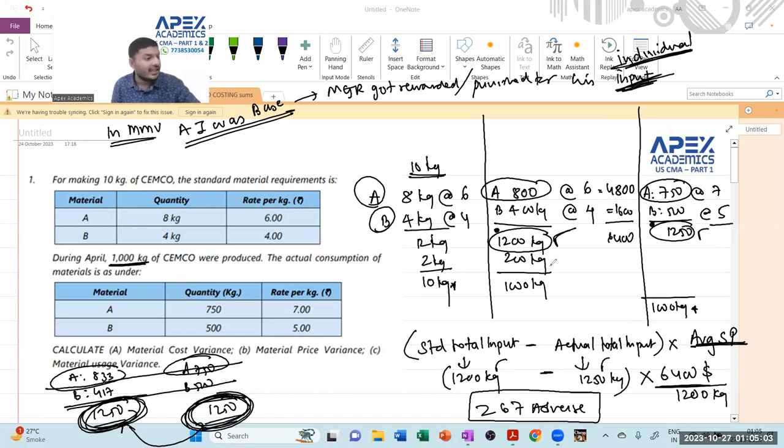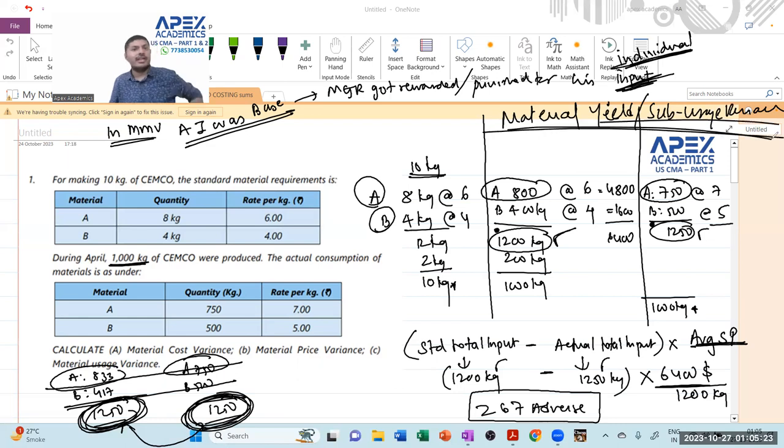For how many kgs adverse? 50 kg adverse. Your answer is 266.66666, 267 adverse. My dear friends, what was this? This was your material yield or material sub usage variance.